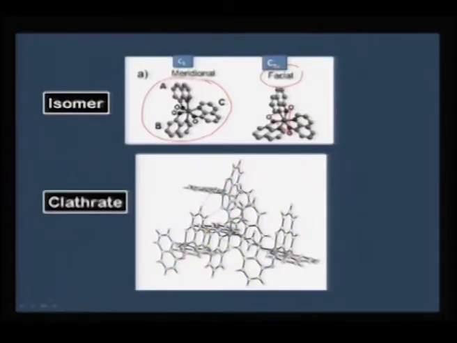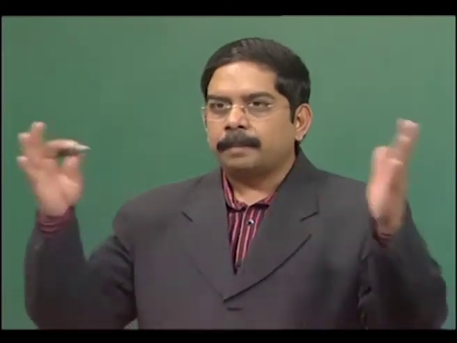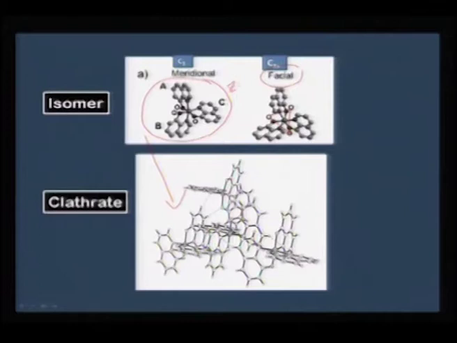Another isomer which is not that well studied, but also it has been documented, is the clathrate. Clathrate is nothing but a bigger molecule. If you look at the crystal structure, the 3-dimensional display of this lattice, in this case it is mostly Z is equal to 2, which means there are 2 molecules in a unit cell, both meridional and facial.